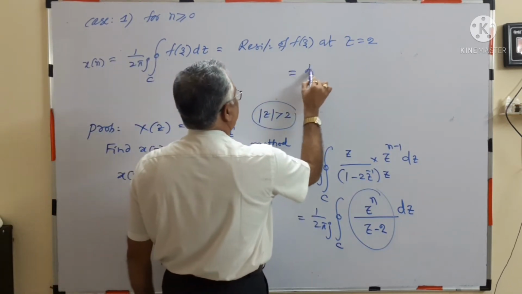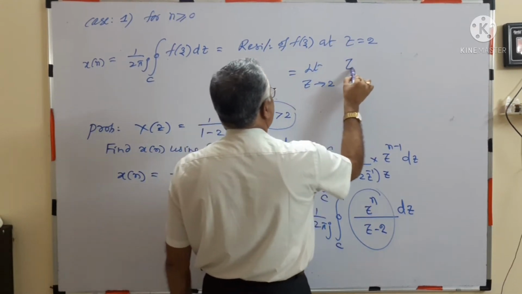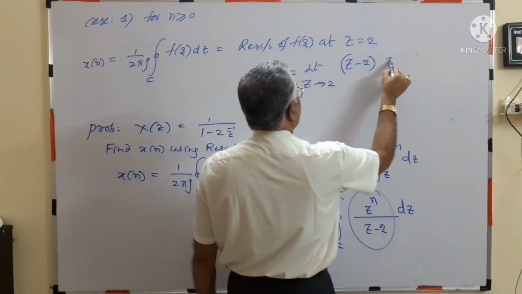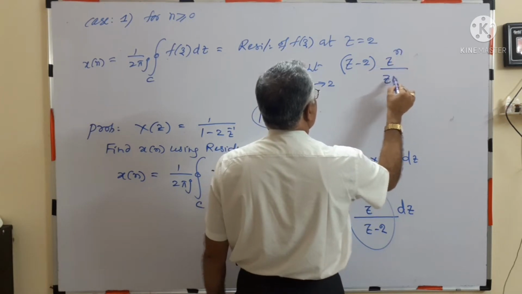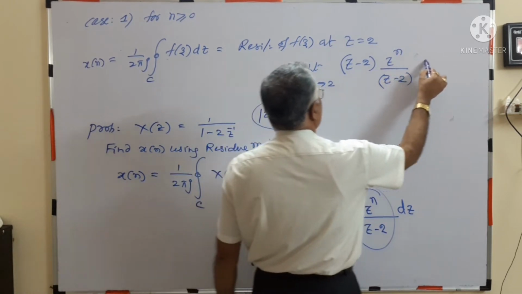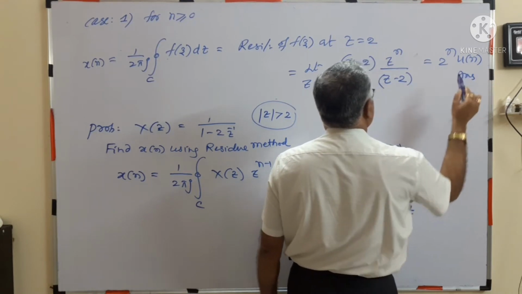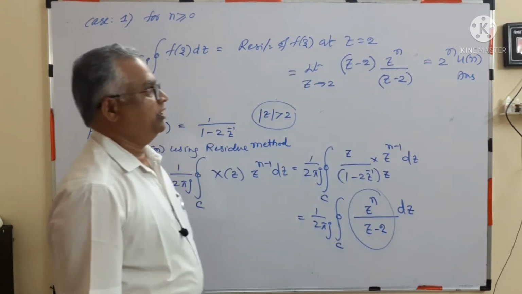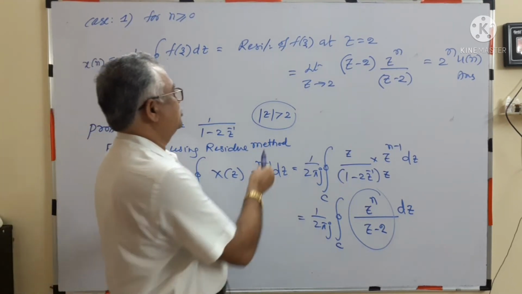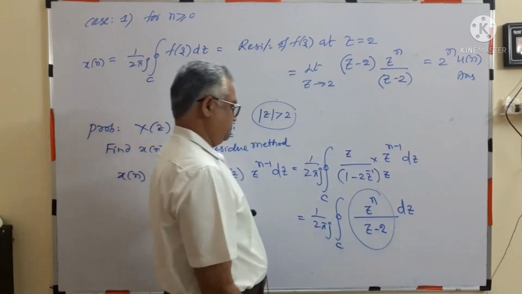So this is nothing but limit z tends to 2, z minus 2 into f of z. F of z is z power n by z minus 2. So this cancels, z tends to 2, you get 2 power n u of n as the answer. For mod z greater than 2, right side sequence, 2 power n u of n, got it.